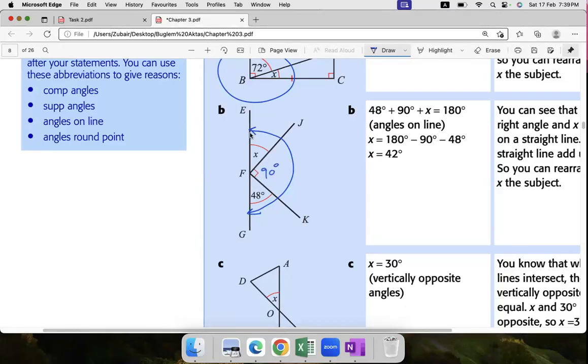So the name of the property is adjacent angles on a straight line. Adjacent means next to each other, and they are on a straight line. We may have two angles, we may have more than two or more than three, but they are on a straight line and next to each other.